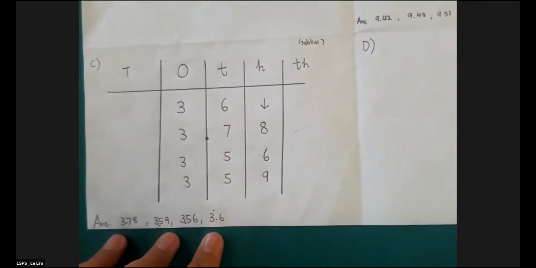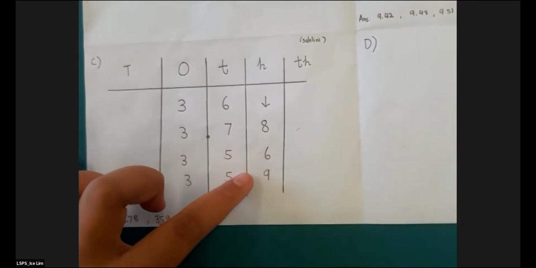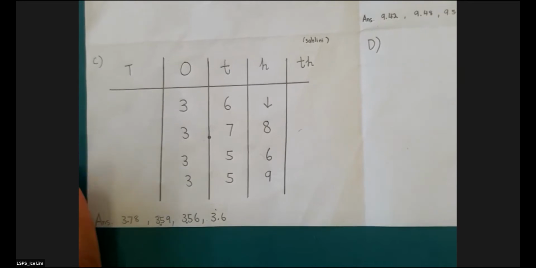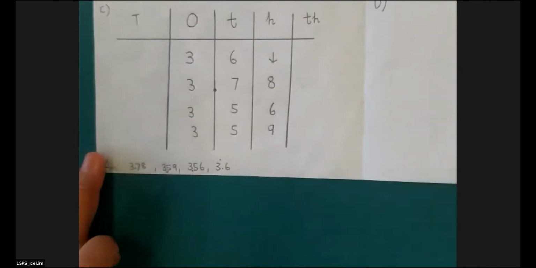We choose 3.6 as the last because we have no tens, we have no hundreds, and it's also the smallest one. Is it the decreasing order or increasing order? Sorry? Decreasing.